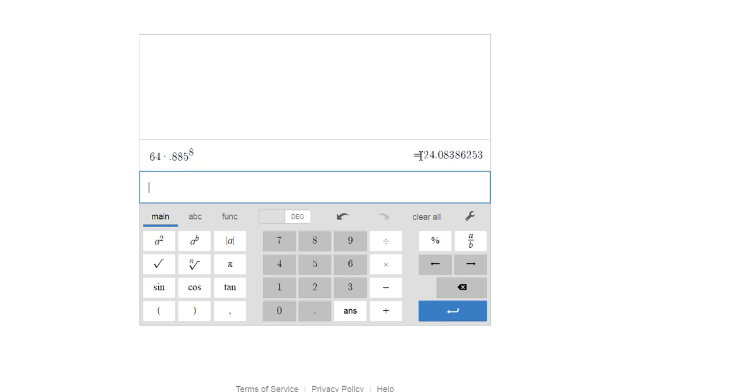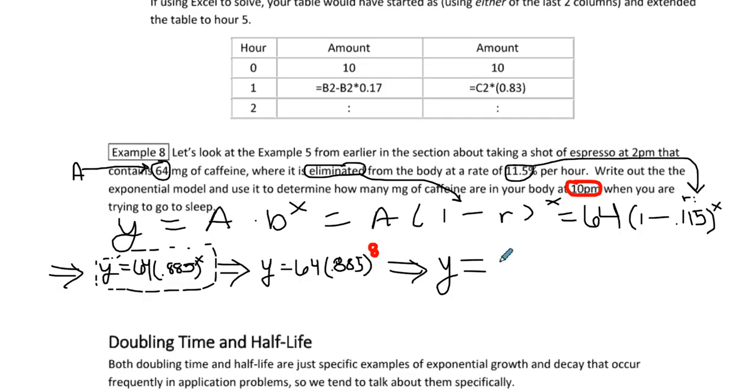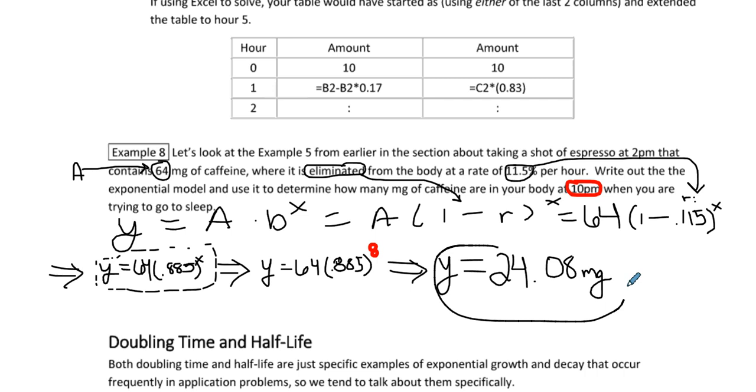And that was approximately 24.08. So let's go back here. We would have had approximately 24.08 milligrams. That is the amount of caffeine that would be in our body at 10 p.m.